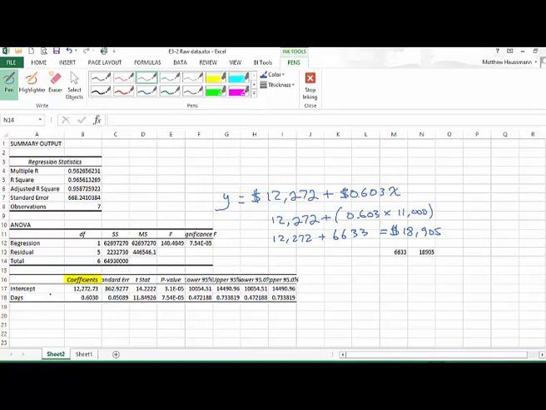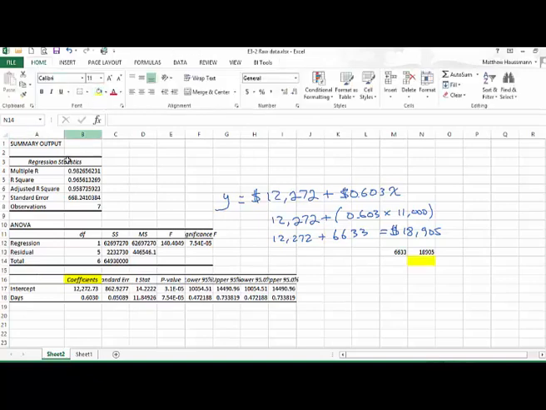Well, what's the measure that we have to make those sorts of determinations? If you recall, it's the R squared, right? And the R squared in this particular case is pretty darn good, 96%.